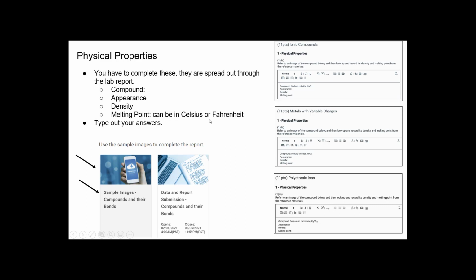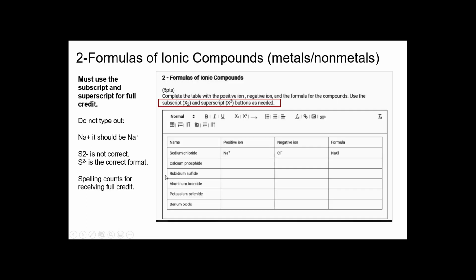The melting point in this case, I'm going to allow either Celsius or Fahrenheit. All of this information can be found very easily on the internet. If you want to know what these look like to be able to describe in the appearance, the second row has sample images. I will also post this on Canvas, but you can pull up the PDF here and it has each one of these on there. So you can look at that and pull out what you think the appearance is from there.